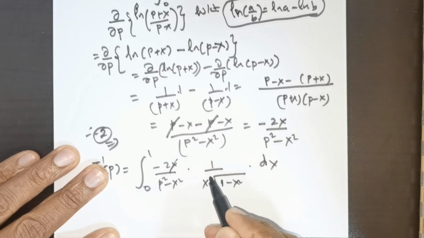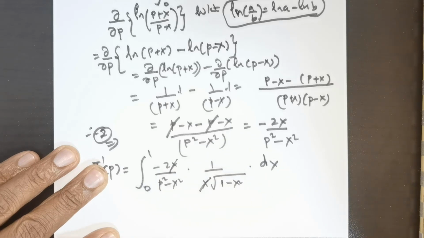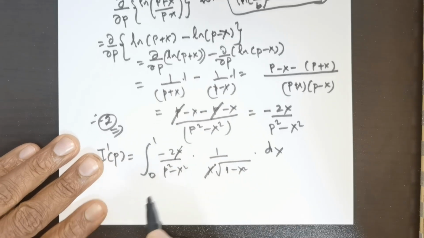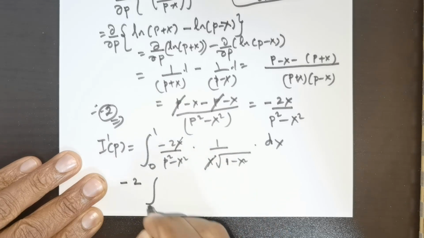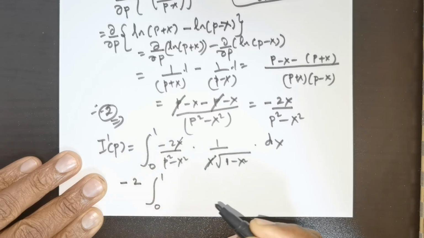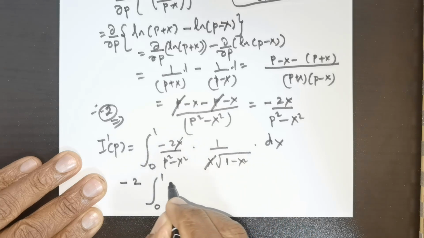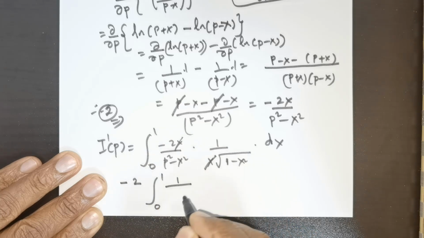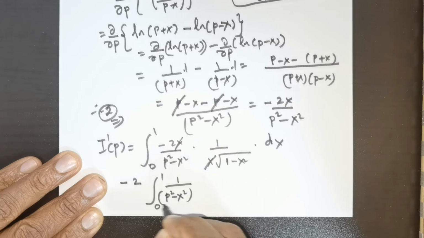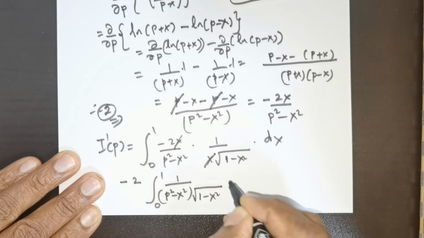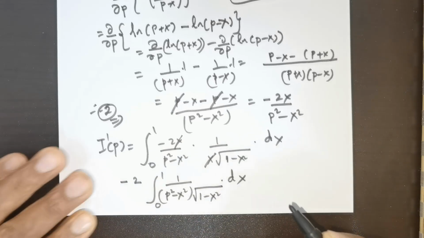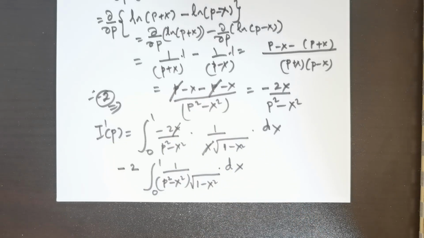Now this x and this x get cancelled. You have negative 2, you can take that negative 2 out, and you have the integral from 0 to 1 of 1 over (p squared minus x squared) multiplied with the square root of 1 - x squared times dx. So this is what we have got.